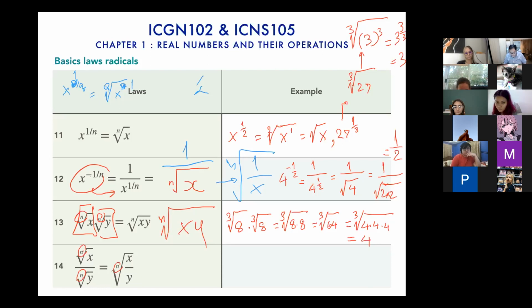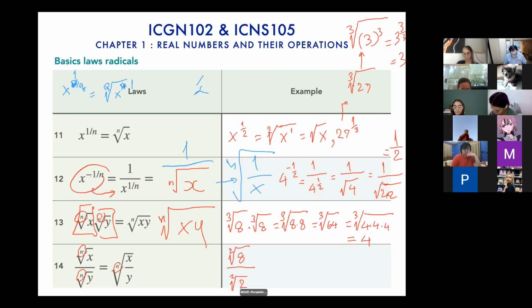For the example, if you have square root of 8, I put number 2 so that you know that the index is 2, divided by square root of 2.